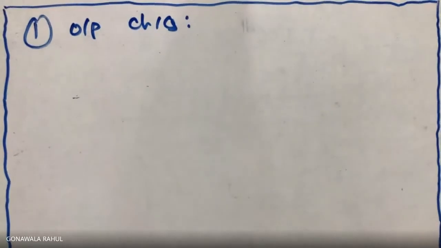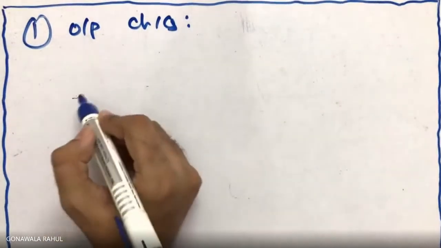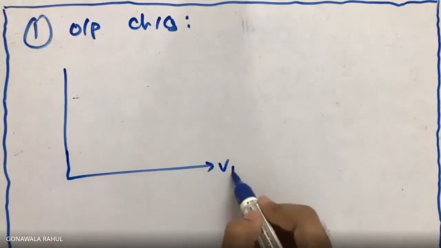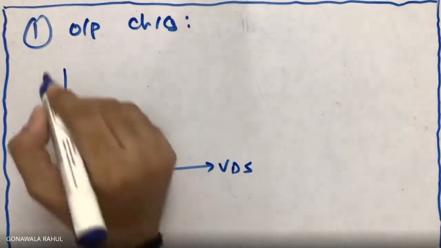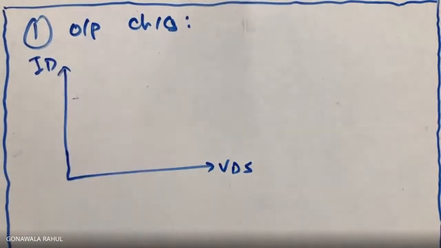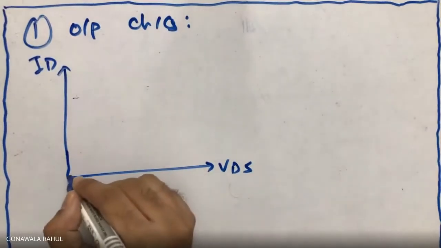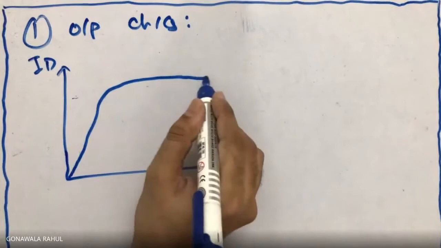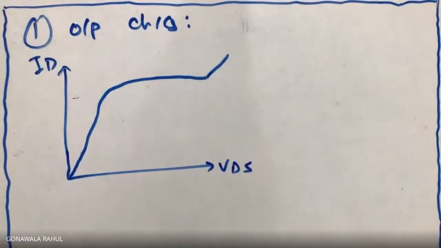Basically it will be like this. This is your drain to source voltage VDS. This will be your drain current. The characteristics is like this.